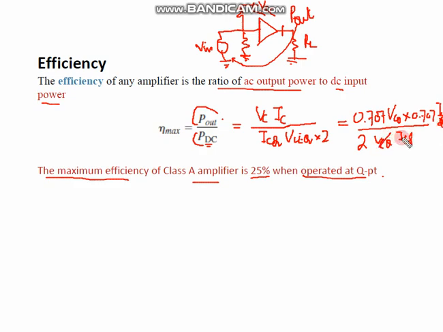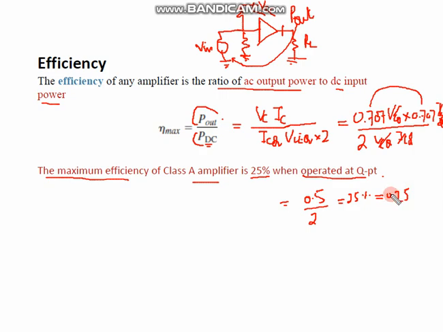It means that the IC and VC cancel with the VCQ and ICQ. This 0.707 times 0.707 is 0.5, so I can write this as 0.5 divided by 2, which is equal to 0.25, or 25%.